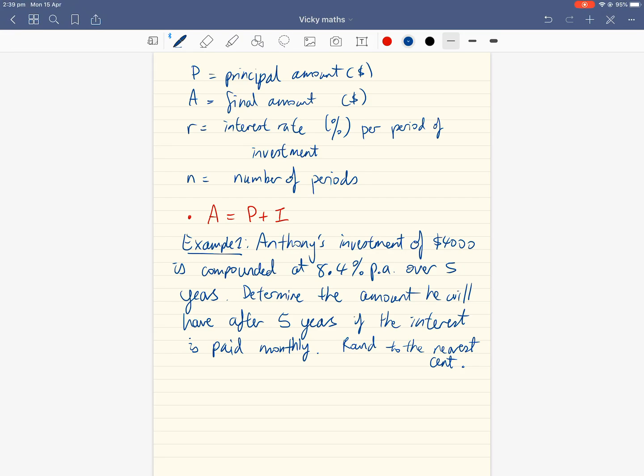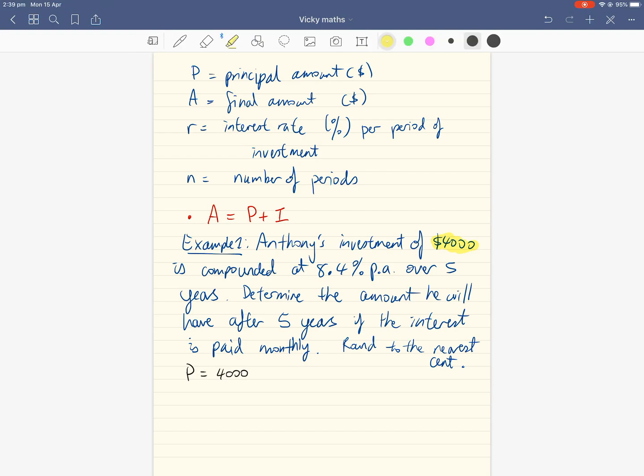Alright, so with these compound interest questions, the first thing we need to do is identify what your A, P, R, and N are. We're told that Anthony's investment is $4,000, so we're starting off with 4,000. So P equals $4,000.